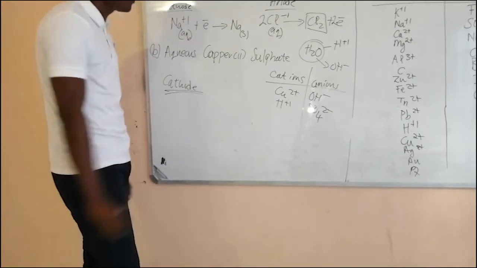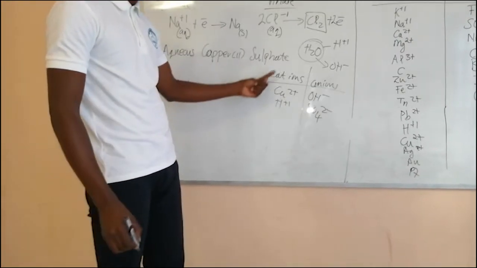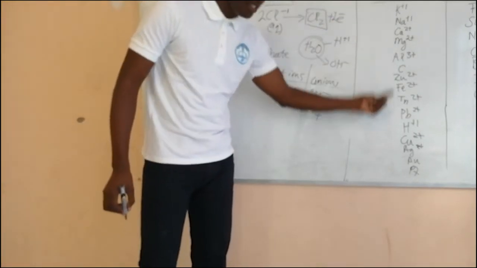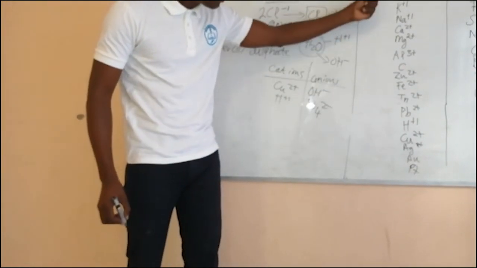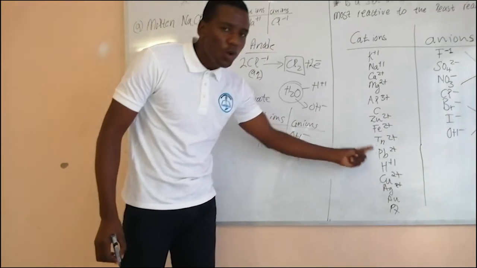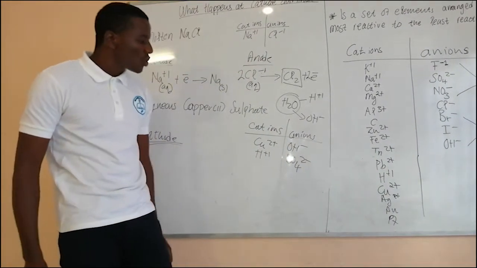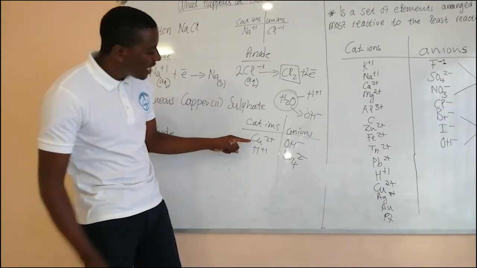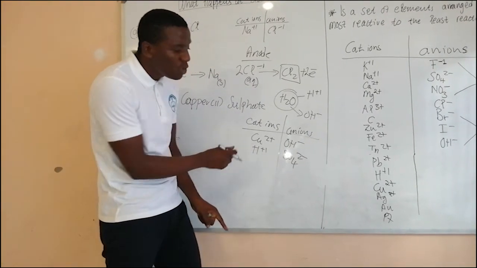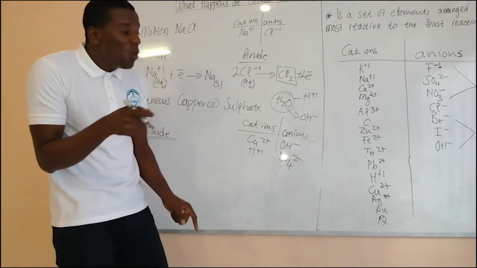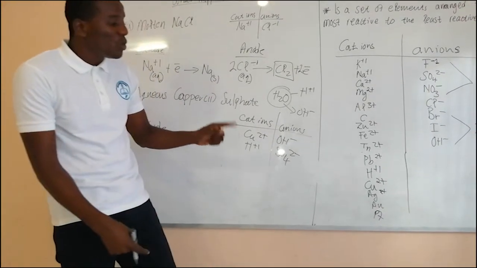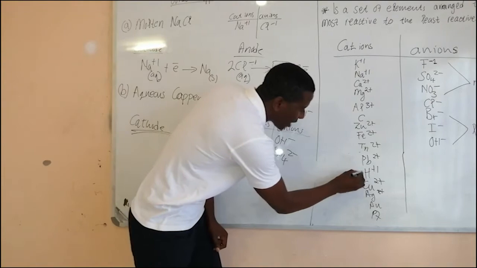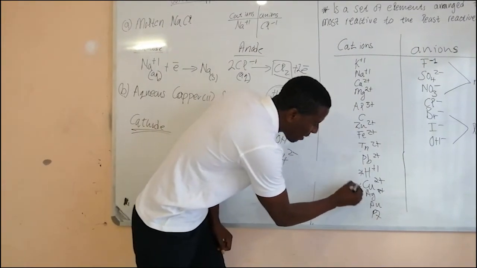Like I said before, you can never answer this question if you don't know the cations that you have. So we have 2 cations. We are going to check between copper and hydrogen which one is going to be released. The one that is at the bottom is going to be discharged.